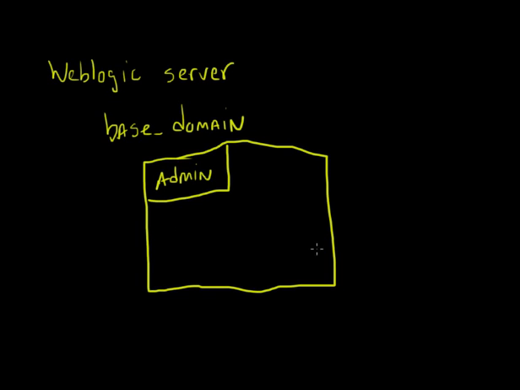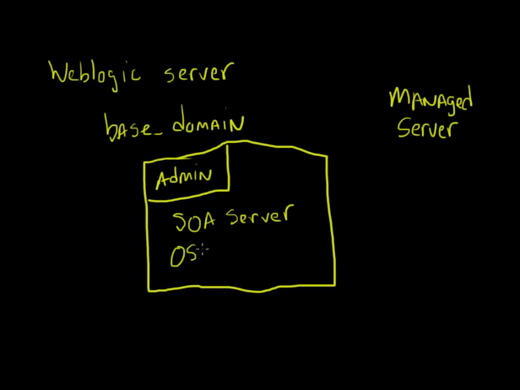Where the power really comes in is when you start installing what are called managed servers. A managed server is something that lives inside a domain, and like we said, every domain has to have an admin server in there. And then you'll have some other server that makes up part of this domain that could be, let's say, the SOA server, or it could be Oracle Service Bus, or it could be a domain that has multiple managed servers put together.